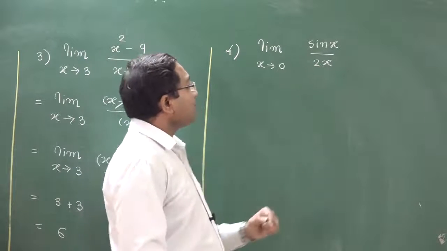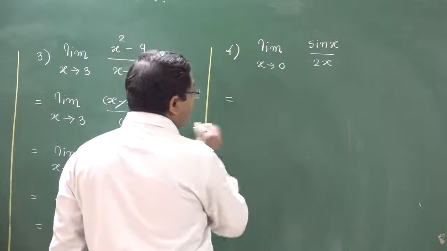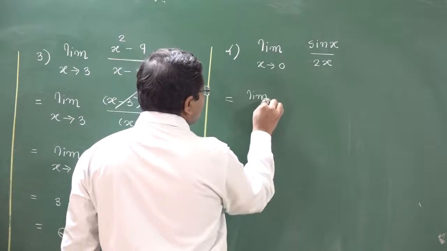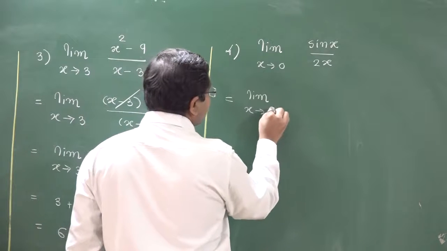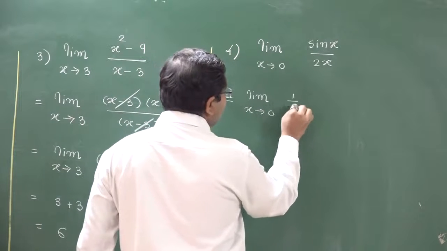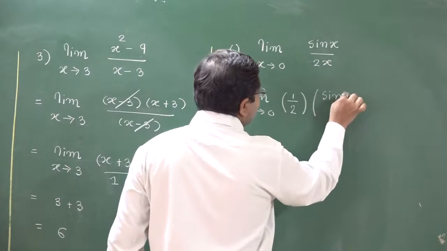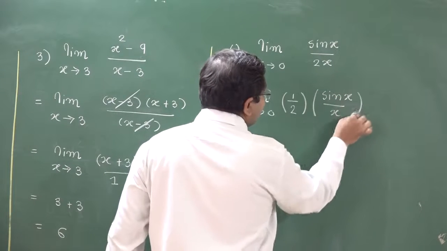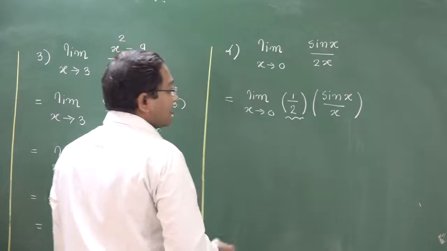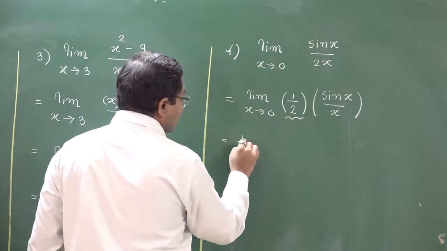But we are using a fact. We know that limit x tends to 0, I write again this way, 1 by 2 into sin x upon x. So 1 by 2 is a constant, out of the limit process.